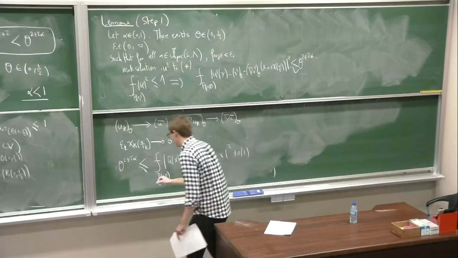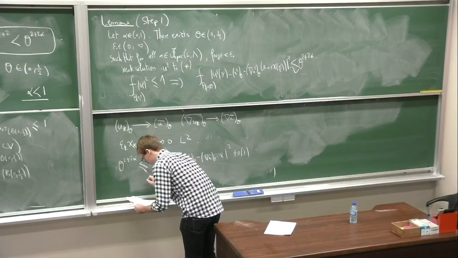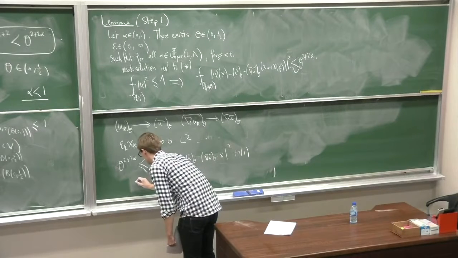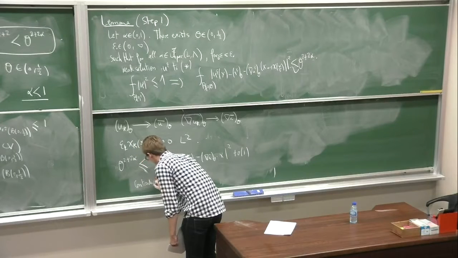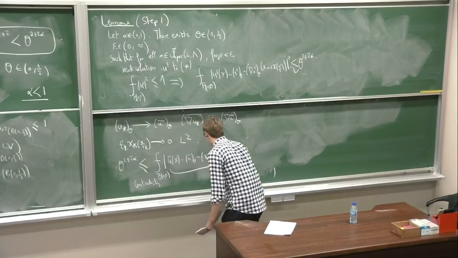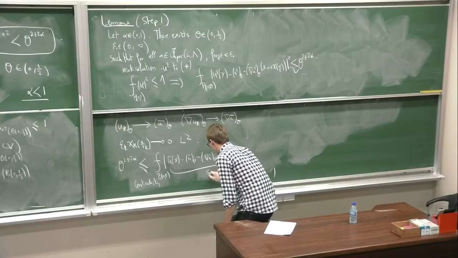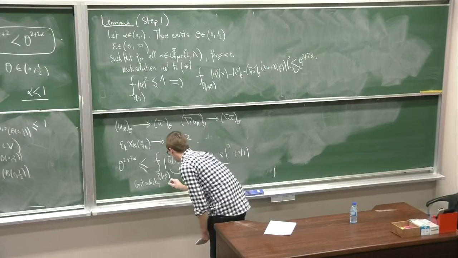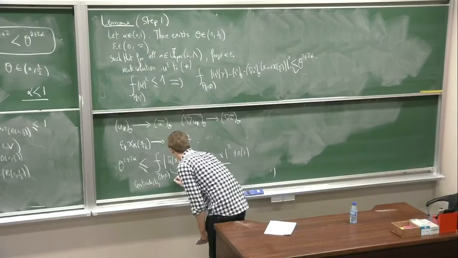But this I know contradicts the choice of theta, because this we know is smaller than basically c times theta 4.